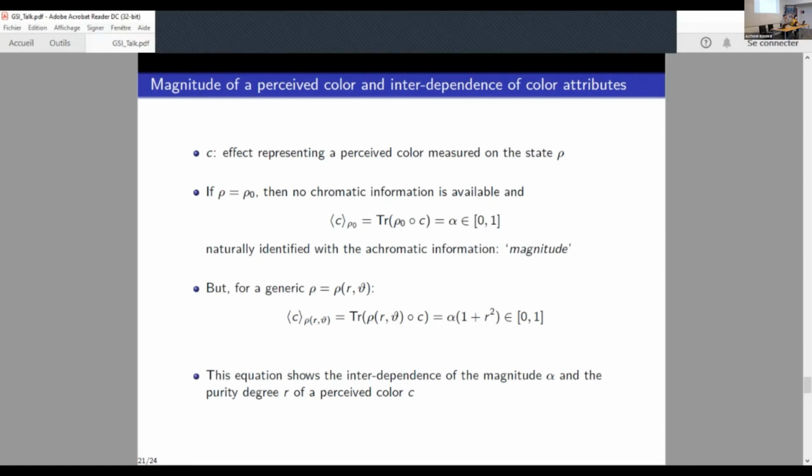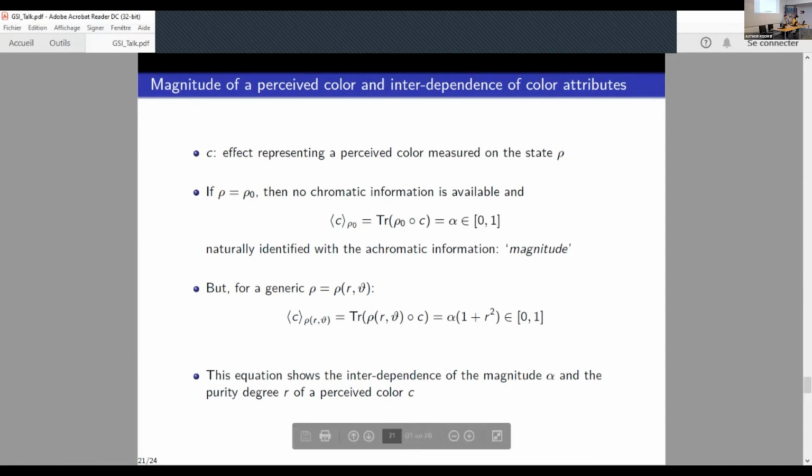We simply call it magnitude. And instead, if we compute the expectation value of the effect on a general state, we obtain this expression. And this expression is particularly intriguing because, as you can see, it mixes magnitude, so luminance of the color, with R. And R, if you remember, is related with the concept of purity.